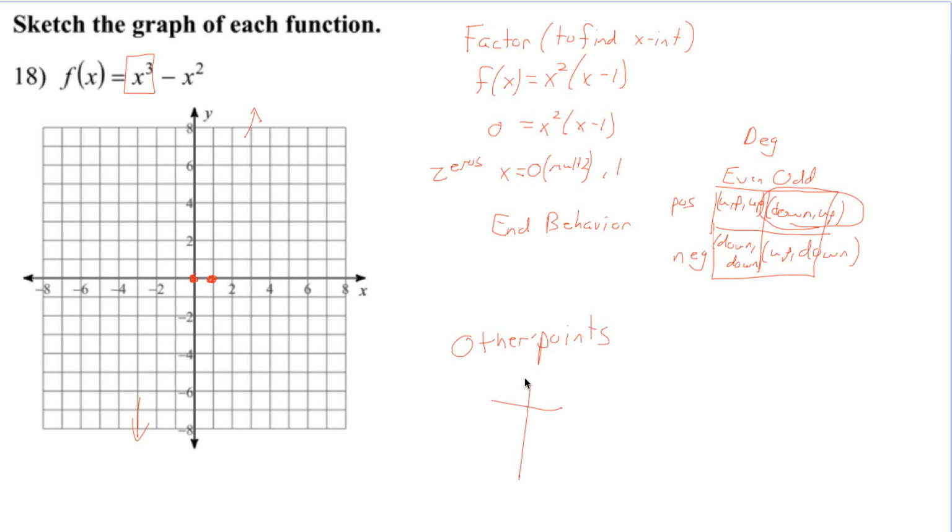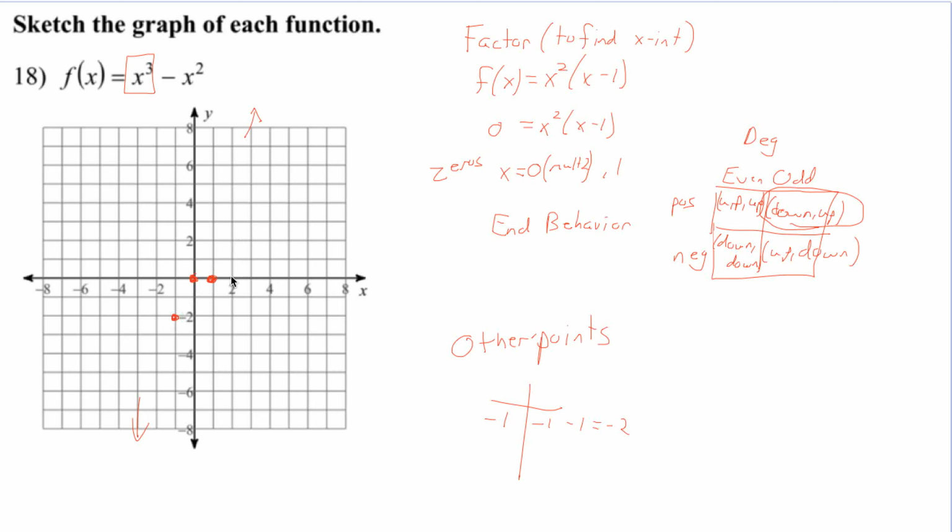So if we wanted to, we could choose -1. Putting -1 in here or into our factored form, it doesn't matter. So -1 cubed is -1 minus -1 squared. So we have -1 minus 1, because -1 squared is 1, gives us -2. So we have a point at -1, -2.